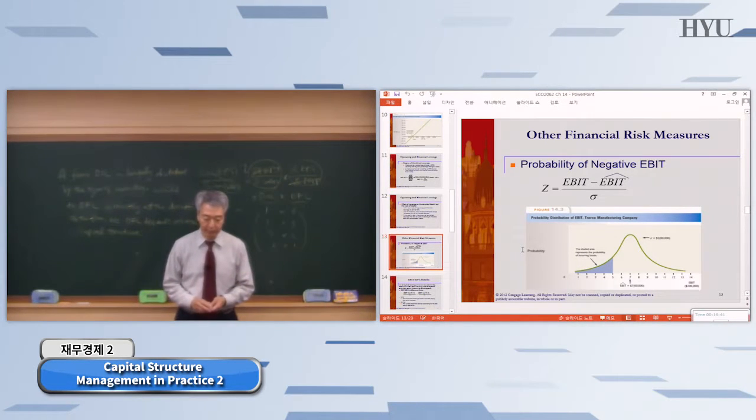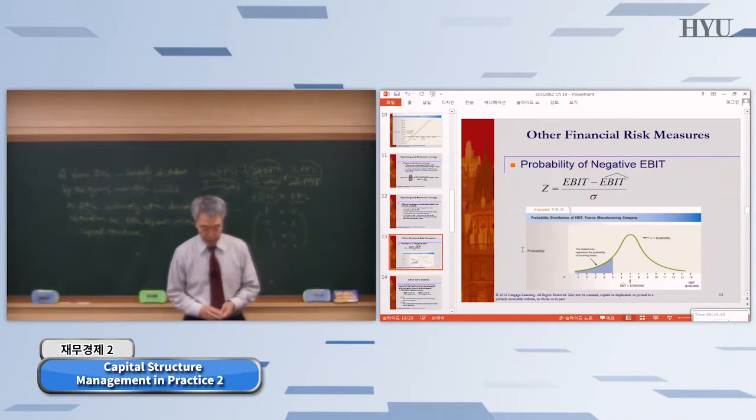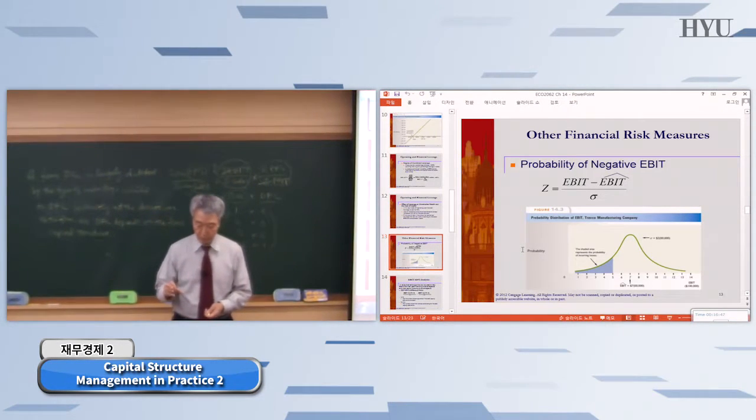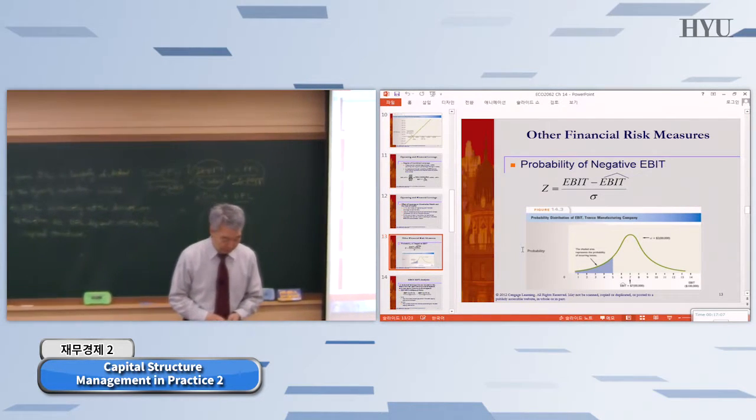And here's one little notion, we're going to combine this with another concept later. But think about the probability of negative EBIT. Can we find the probability of basically losing money in a certain situation?